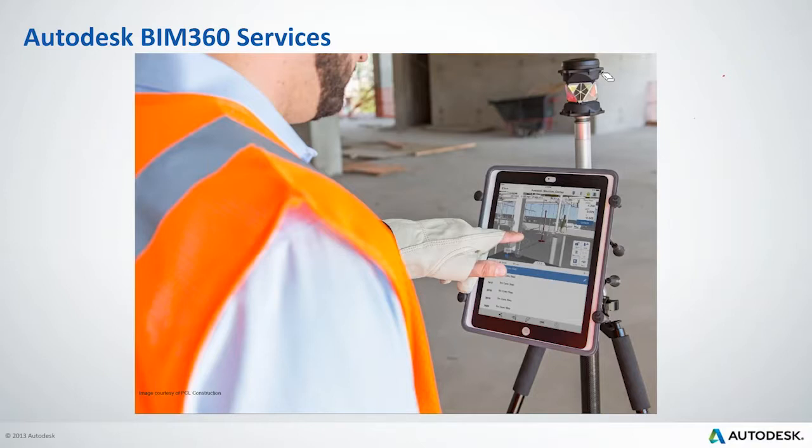Glue is also the middleman for layout. Here you have an example from PCL Construction. This guy here is from PCL. We've got a video up on YouTube. So if you search PCL BIM 360 layout, you'll see this video, and it shows this guy using the data collector tied into a survey instrument.